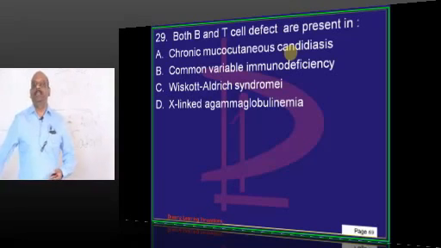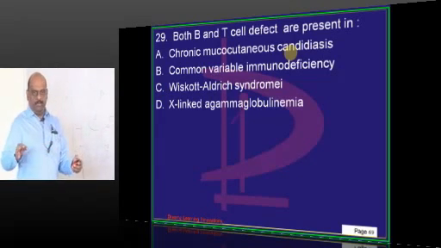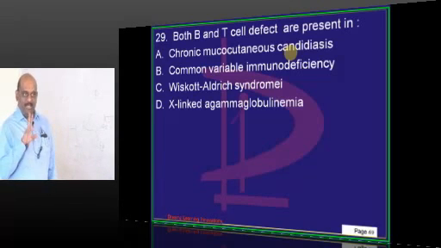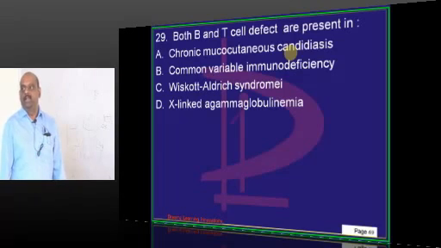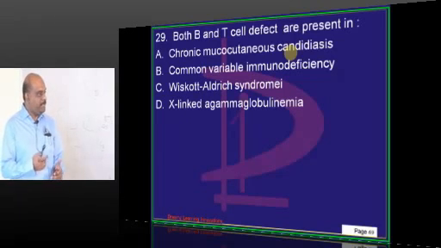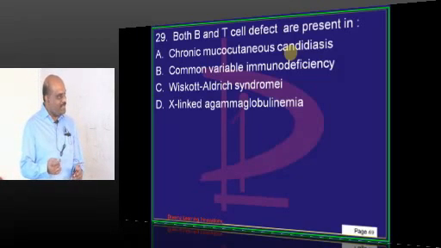Both B and T cell defect. Once more, I want to tell you multiple times that for immunodeficiency disorders, read the 2 pages of Ananthanarayan. If you don't read, at least we will send you one WhatsApp message until you say stop. Some topics we will start sending you. Shall we send you? Have you read? Have you read? Have you read?